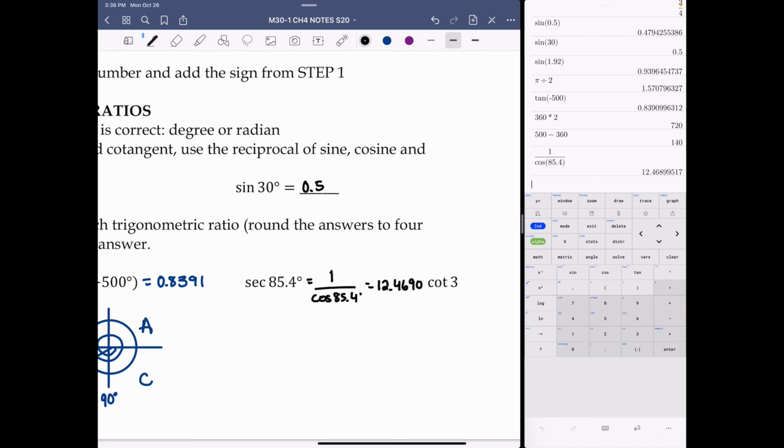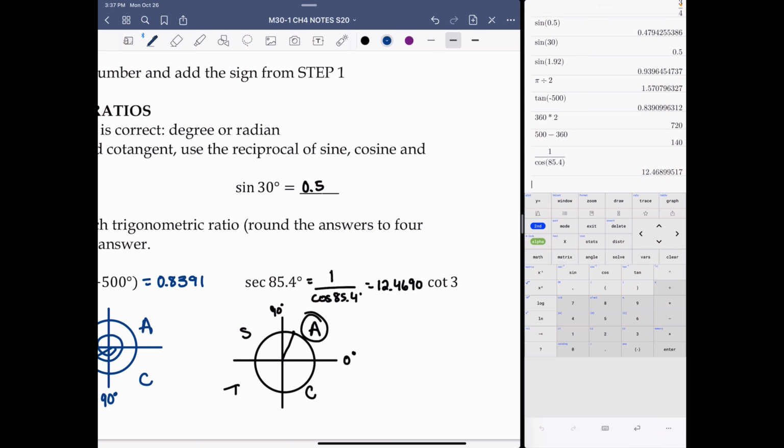And then justify the sign, which is positive. This is 0 degrees, this is 90 degrees, so 85.4 would be about here. The CAST rule: we're in quadrant 1, where all trig functions are positive.